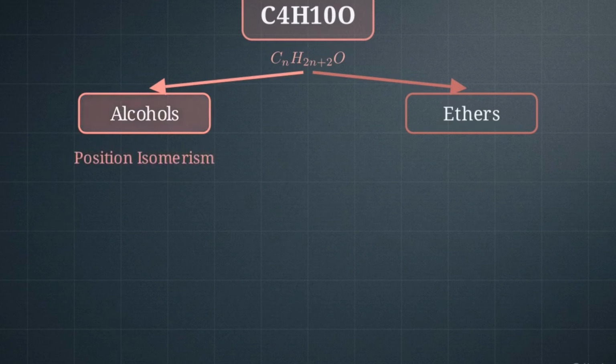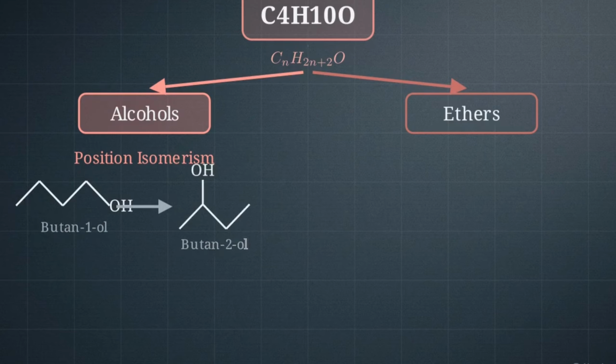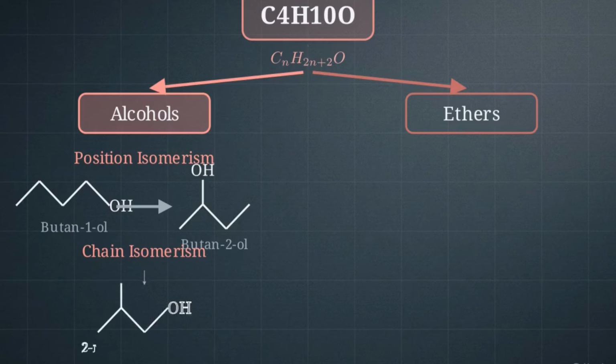Step 2. We isolate the alcohols to map position isomerism. We start with butan-1-ol, then move the hydroxyl group 1 position down the primary carbon chain, generating butan-2-ol. Still on step 2, we map chain isomerism. We branch the main 4-carbon skeleton into a 3-carbon isobutane base to form 2-methyl-propan-1-ol.